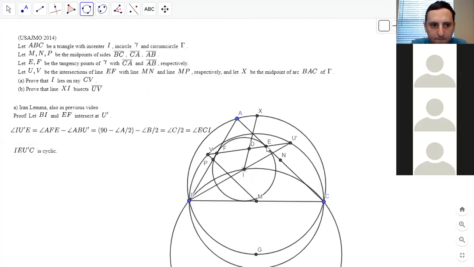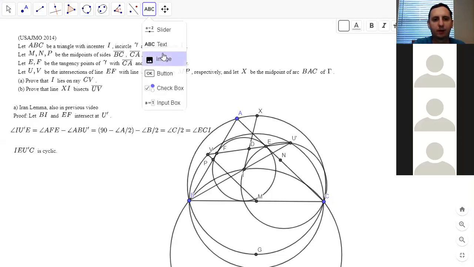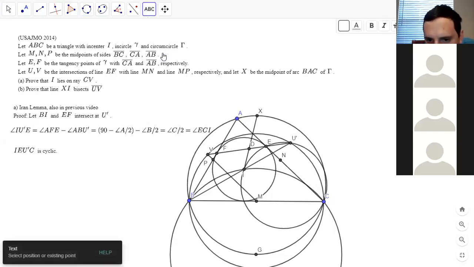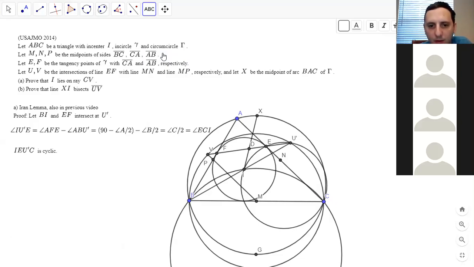We will use that M is the center of circle BU prime C, because of the 90-degree angle. It is just important to show that MU prime is parallel to AB, and that would prove that those three are collinear.